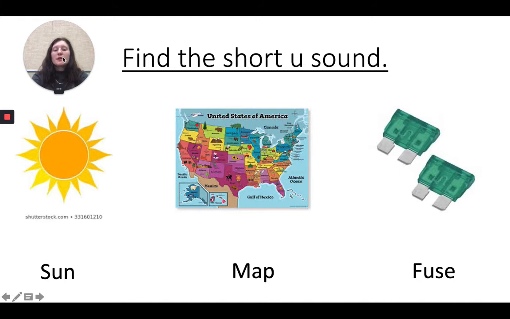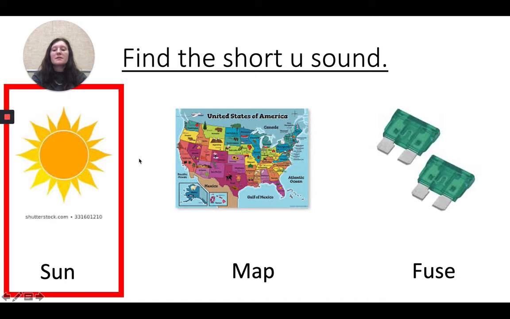So remember in our lesson a couple days ago, if the word ends in an E, the E is silent and it makes that letter a long sound. So in the word fuse, we hear the long U vowel sound. So we know it's going to have to be the word sun that has the short U sound to it.